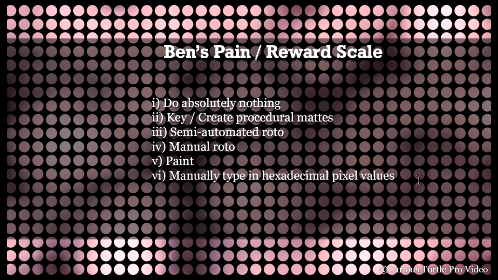Now, as we will see in a few minutes, Paint actually can save you a bit of time if used at the right time in the right place. But generally speaking, it's a complement to these other techniques rather than an immediate replacement. Let's take a look and see what we can do.